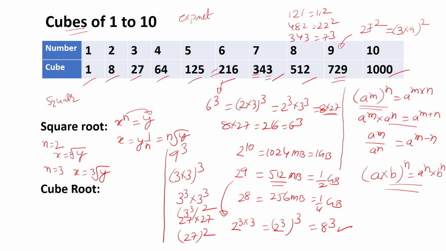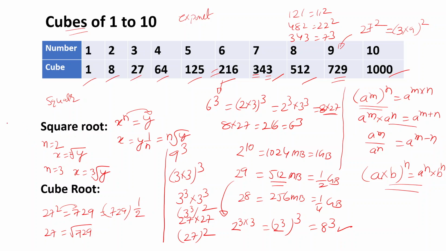So this cube root or square root is nothing but the inverse of square and cube. Now how can I write it? For example, this 27 whole square is equal to 729. Now this 27 is nothing but the square root of 729. So this 2 will become 729 power 1 by 2, that is the square root.